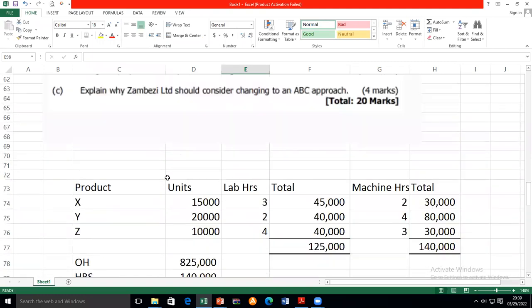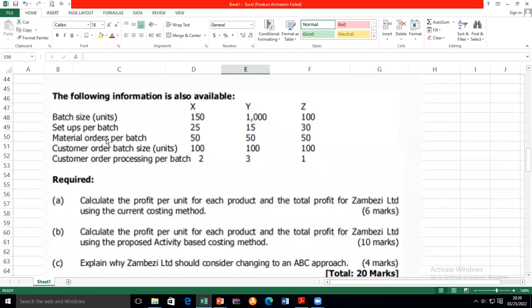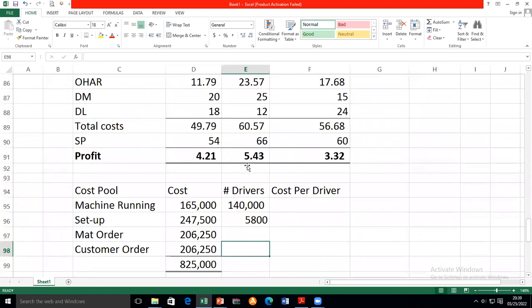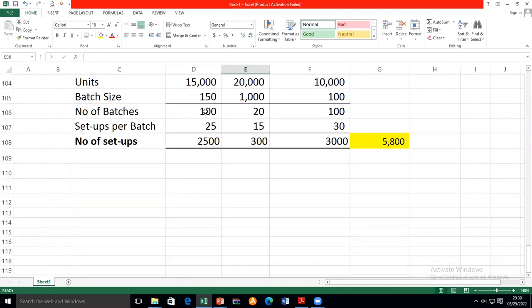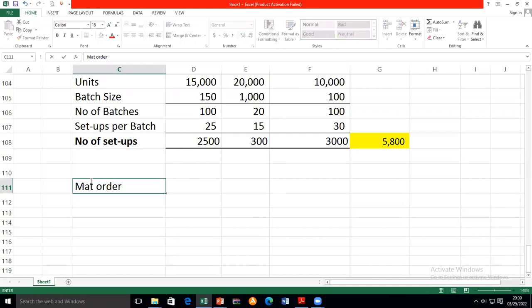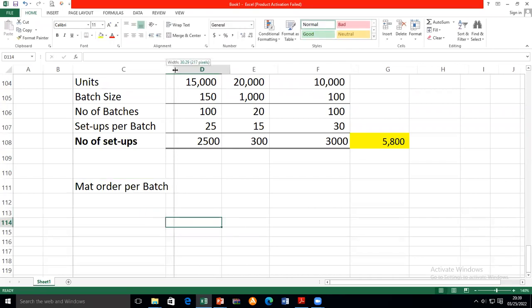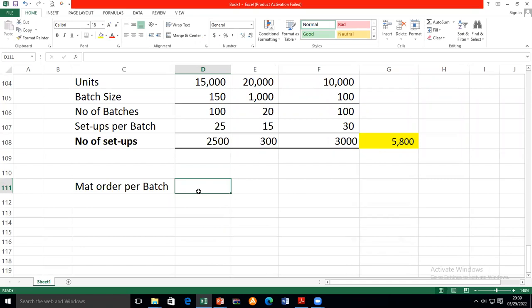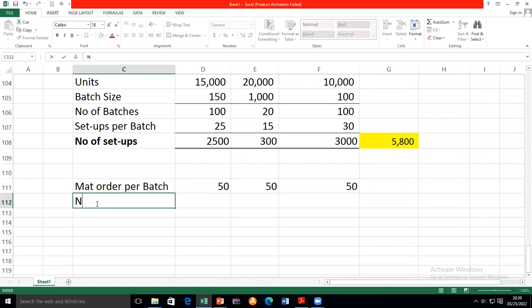Material orders. You come here again. Material orders per batch is 50, 50, 50. So now this one is easy. You have your number of batches. So you say material orders per batch, 50 throughout.